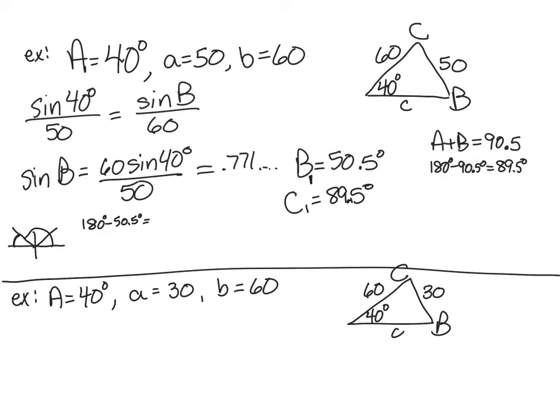That leaves me with 129.5 degrees. Now, add that to the 40 that you know, and I'm going to get 169.5, which is not bigger than 180. So I do have a second triangle.